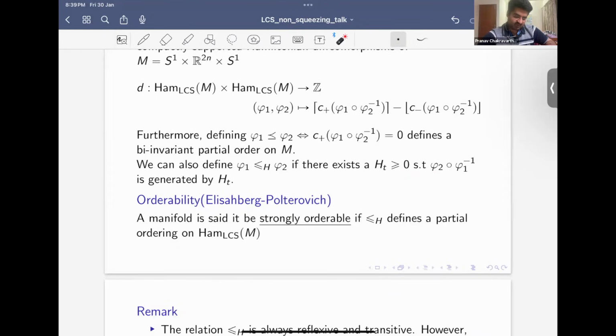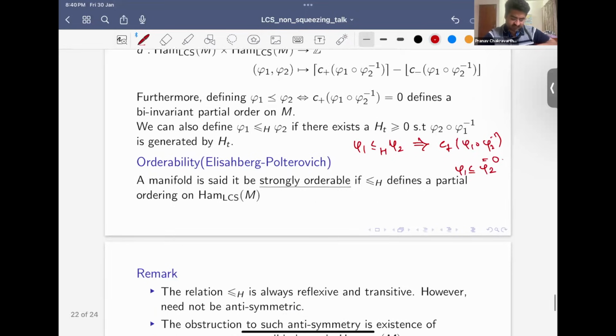So one can show that if phi1 is less than or equal to phi2 in the Hamiltonian ordering, this would imply that C plus of phi1 compose phi2 inverse is 0. So in fact, they're also less than or equal to one another in the spectral ordering.